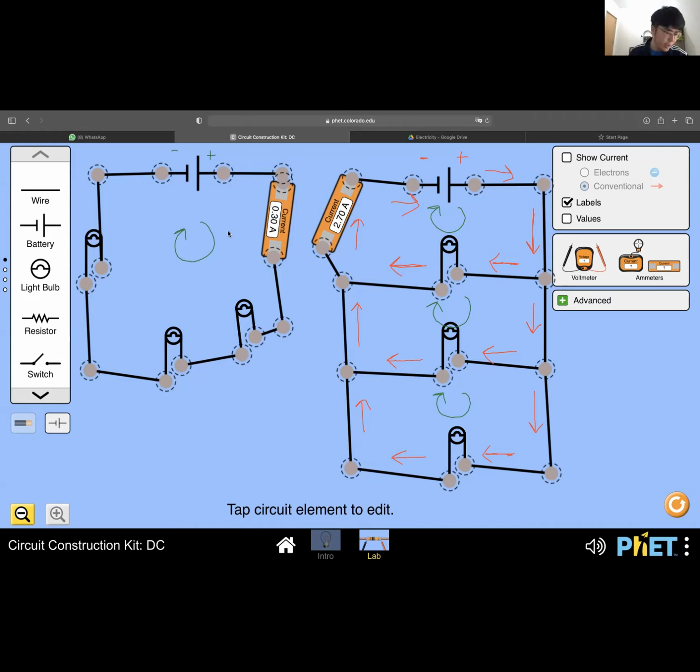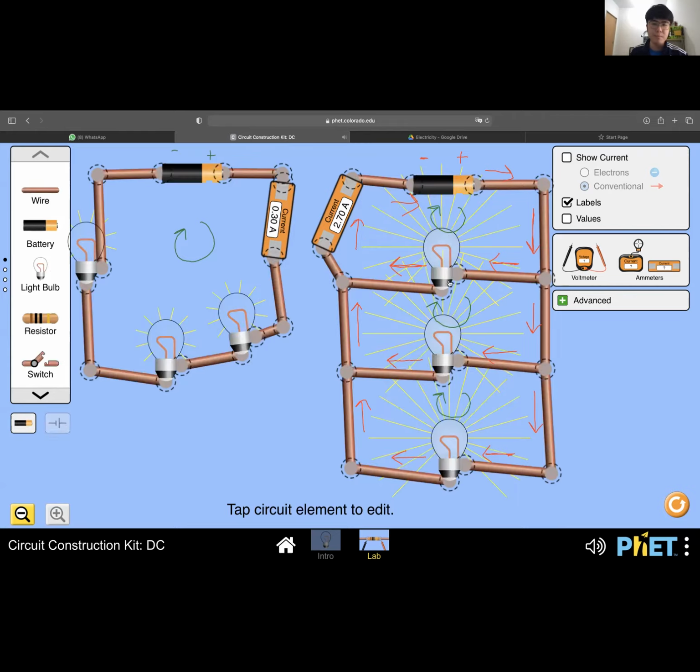What is the advantage? Again, we look at the advantage and the disadvantage of a parallel circuit. The advantage is that when you add more loads in a parallel circuit, the resistance will drop because you are providing more paths for the current to choose.